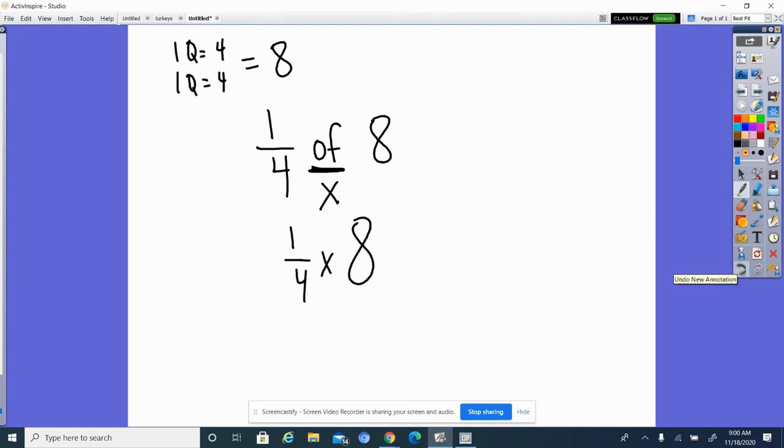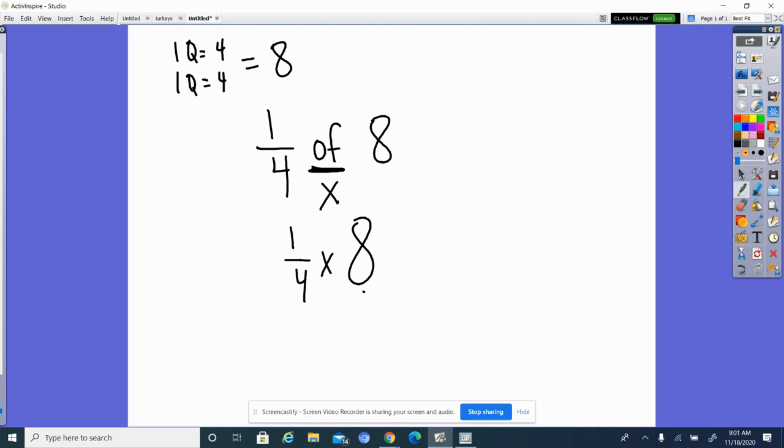Okay? Now, it said in our objective today that we want to use models. So we need to look at our numbers and we are going to come up with an array. You learned lots about arrays in 4th grade, right? So we need an array that has a total of 8, but it also has either rows or columns of 4.